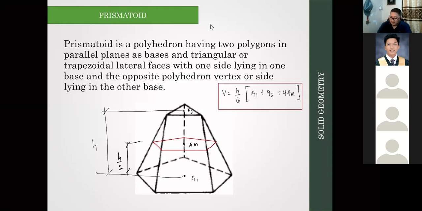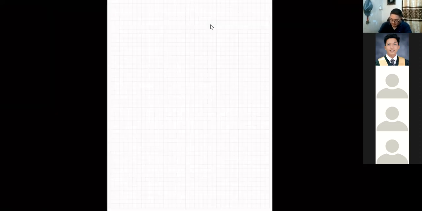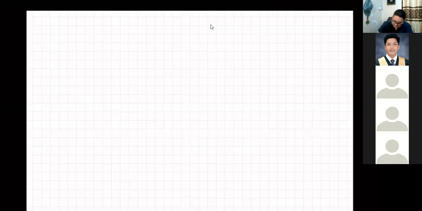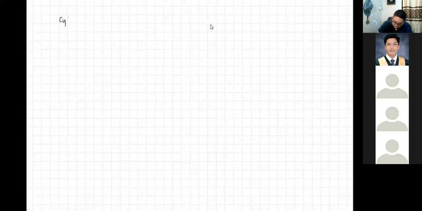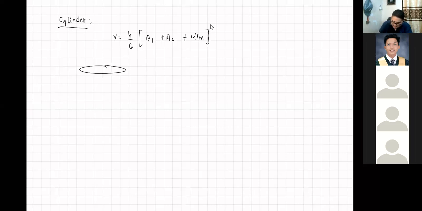So, paano natin gagamitin yan? So, mag-insert ako ng new paper. Halimbawa sa cylinder, limutan natin yung formula ng cylinder. Pero alam natin yung formula ng prismatoid. Plus 4AM. So, cylinder natin, meron tayong circle as base.